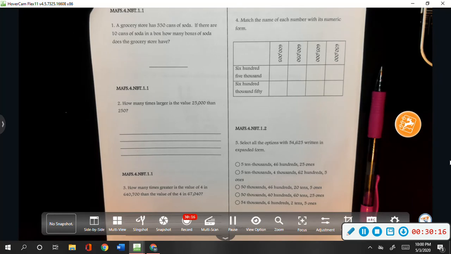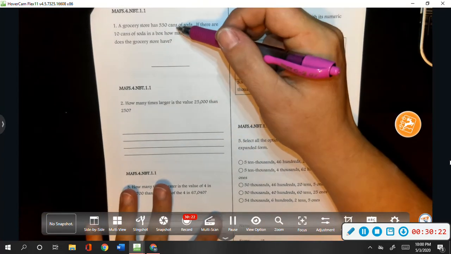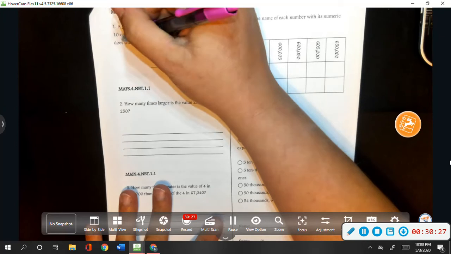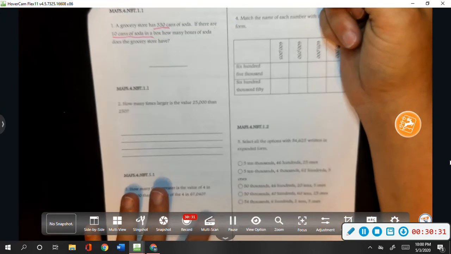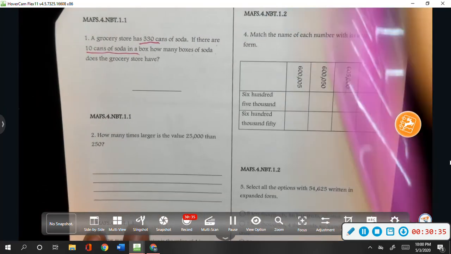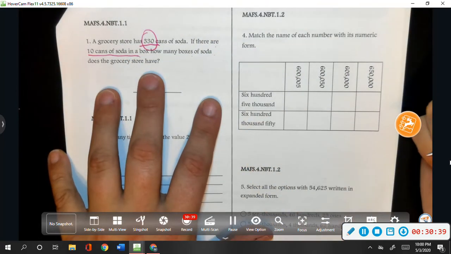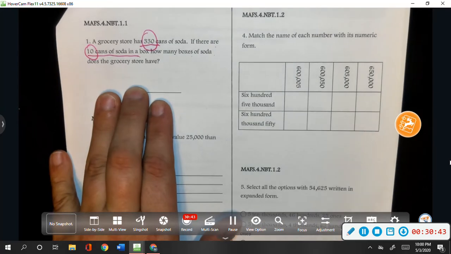Okay. Day 17. A grocery store has 330 cans of soda. If there are 10 cans of soda in a box, how many boxes of soda does the grocery store have? So this is going to be a division problem. I know this because I have a lump sum and I need to divide those into a box that has 10.